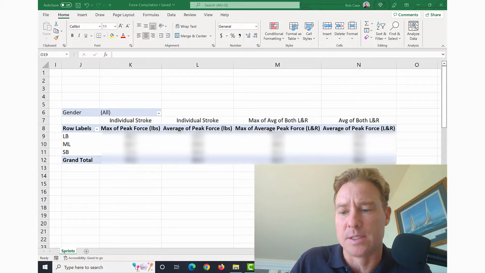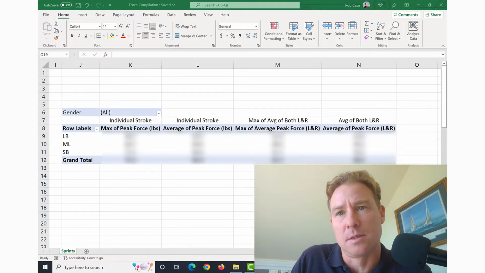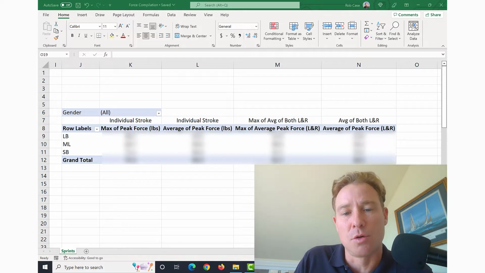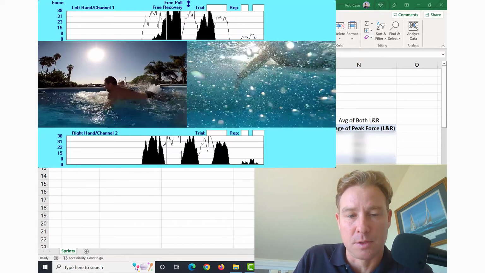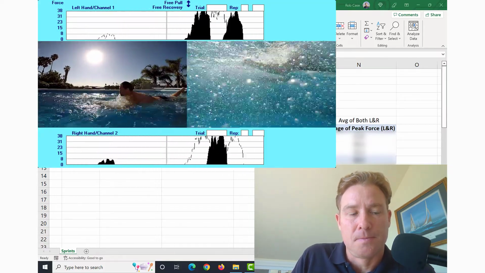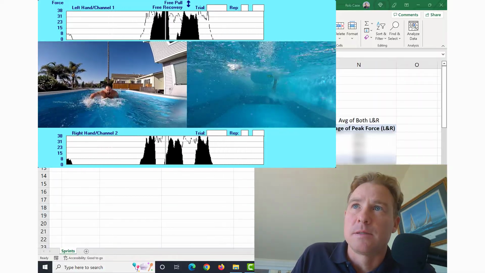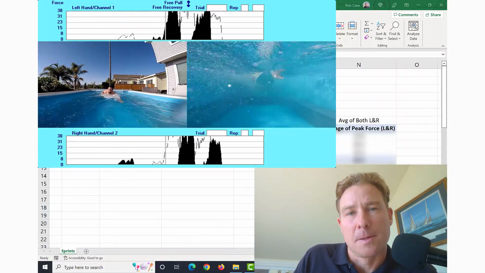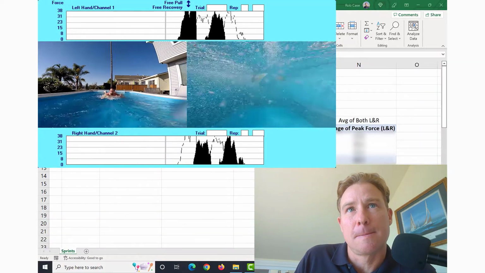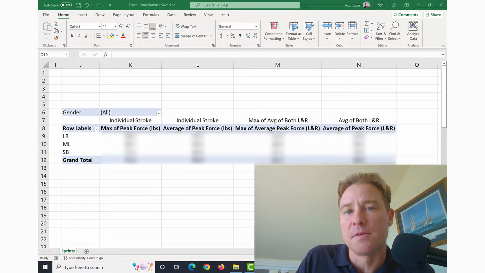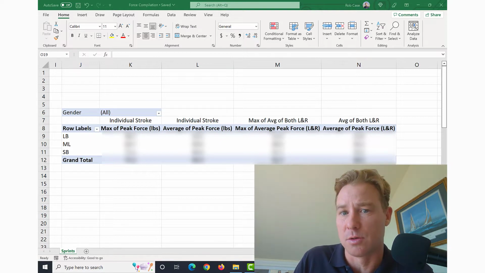So essentially what it is, it's this system that this world-renowned swim coach uses to assess stroke force. So the amount of force that you push during your stroke. Not only does it collect just the force, it collects the progression of the force from the start of the stroke to the end of the stroke.